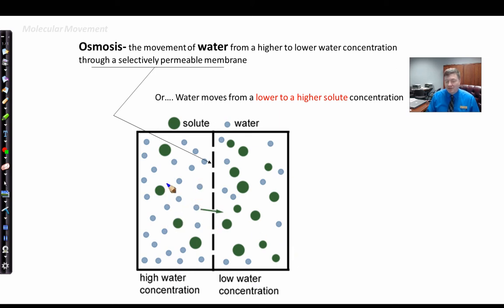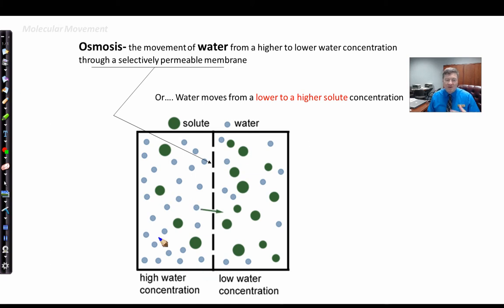Water is going to bounce around, and since water can pass through this membrane, eventually more water moves this direction than that direction, and we end up with more water molecules here to balance out the solute, fewer water molecules here because we have less solute. So this is what happens in our artificial membrane system we have here. Water goes from a higher to a lower water concentration, or to where there's more solute.